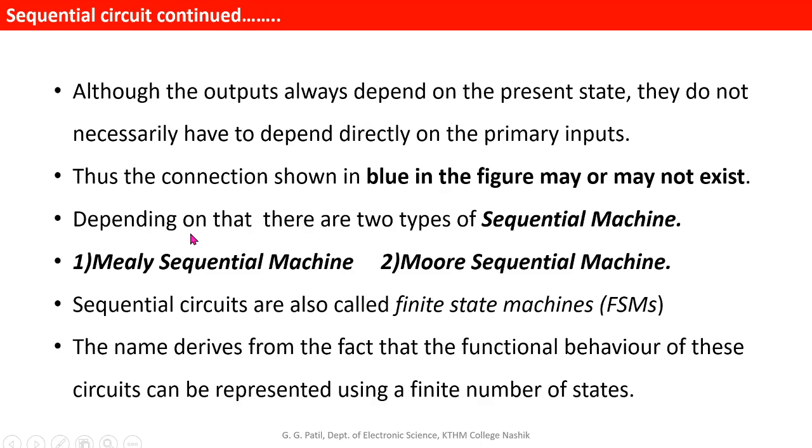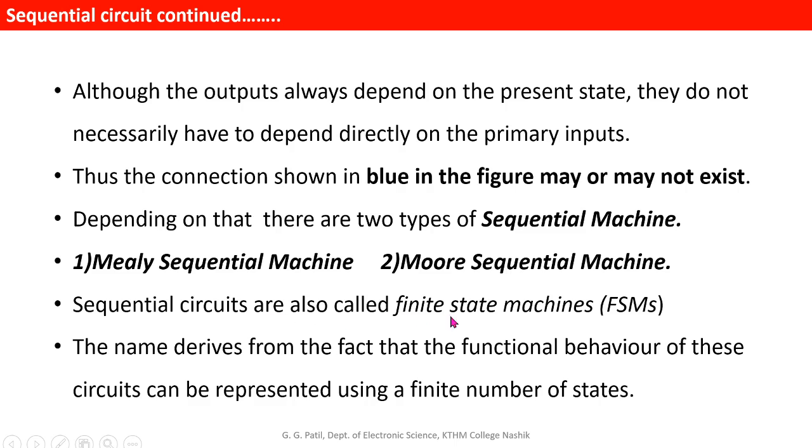Depending on whether that input is given or not, there are two types of sequential machine, a Mealy sequential machine and a Moore sequential machine, which we have to study in this lecture.